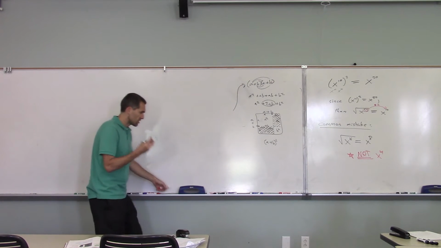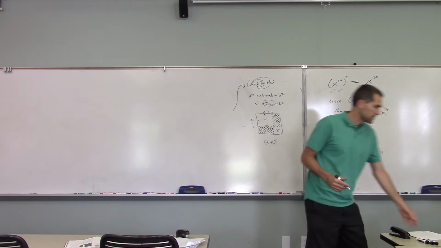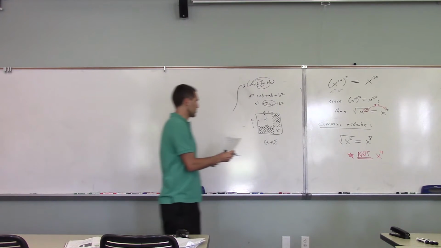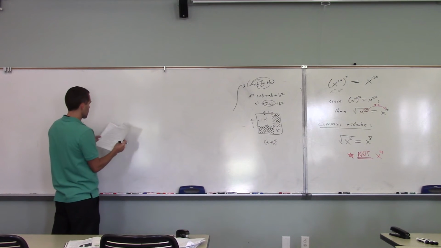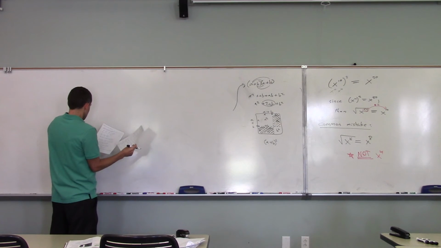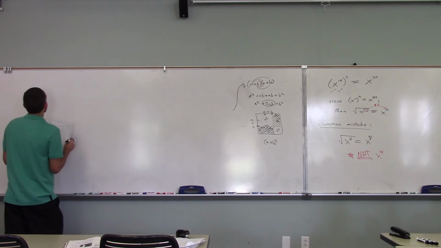So I'm going to do a couple examples. Add one more thing, pretty big thing, okay? And then we're going to do some more examples. I'll add one more thing first.